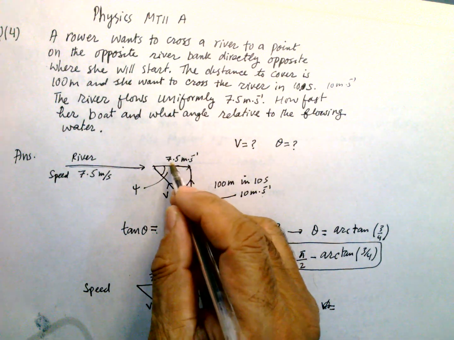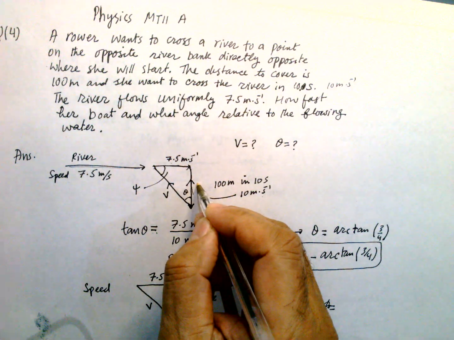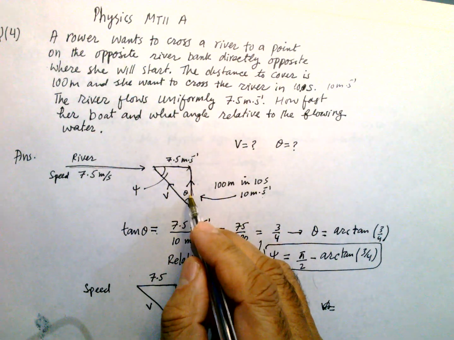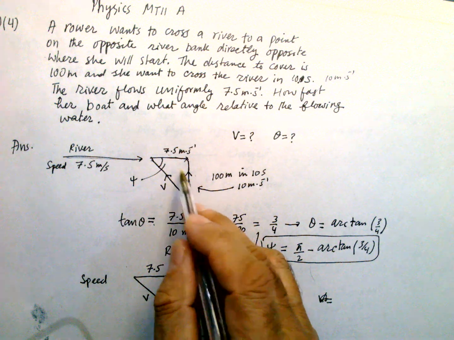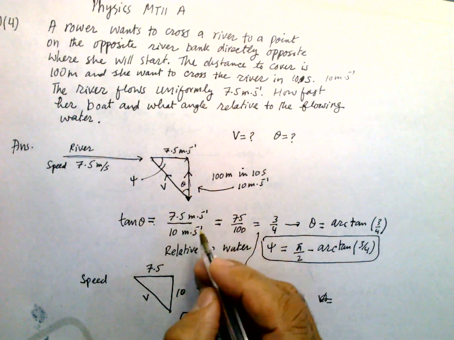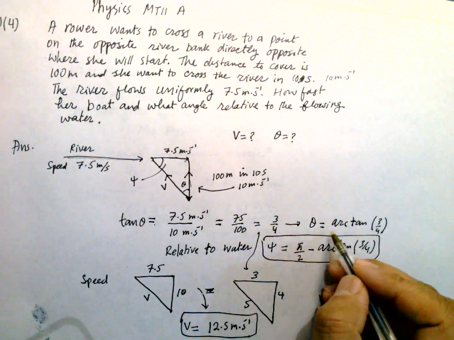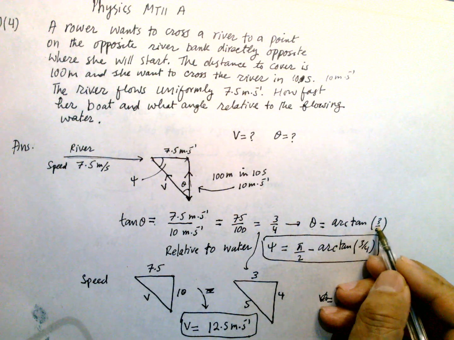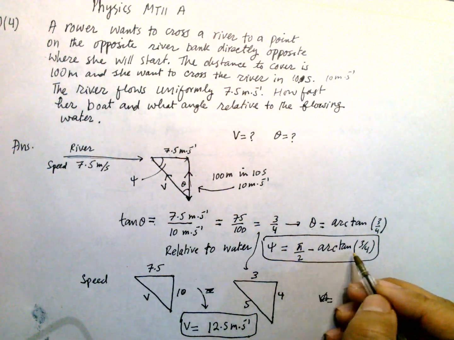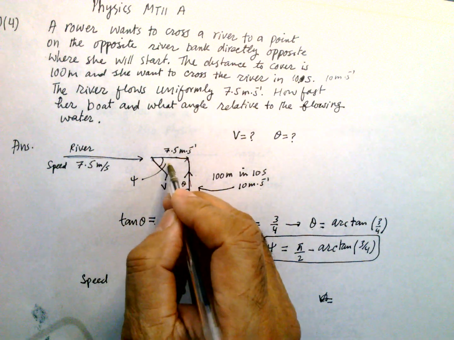So this is 7.5 and this is 10. So the angle is the ratio of opposite to the base, so 7.5 by 10, which is equal to 3 by 4. This is arctan 3 by 4, and the actual angle is this one.